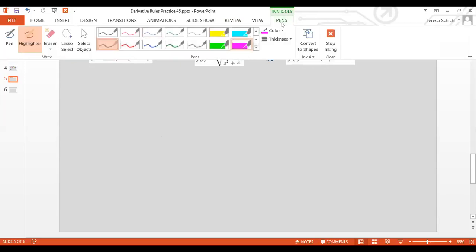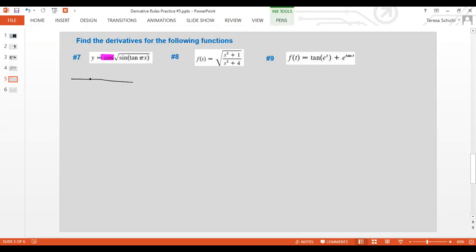Let's write it in table form so you get a better idea. So cosine of the square root of the sine of tangent pi x. This is the first layer. Now, what is your second layer? Your second layer will be that square root, correct?